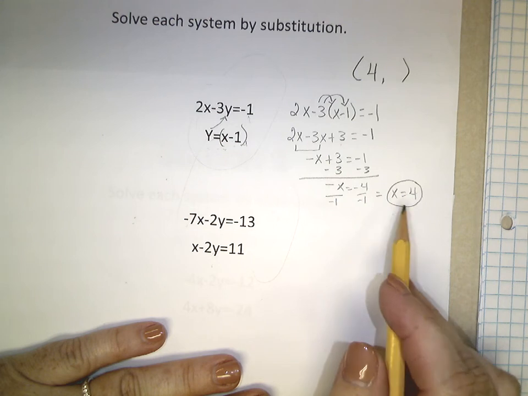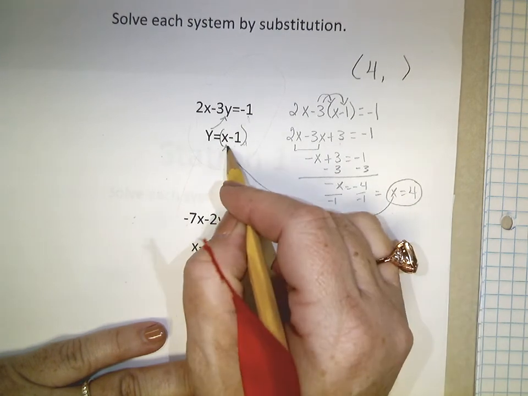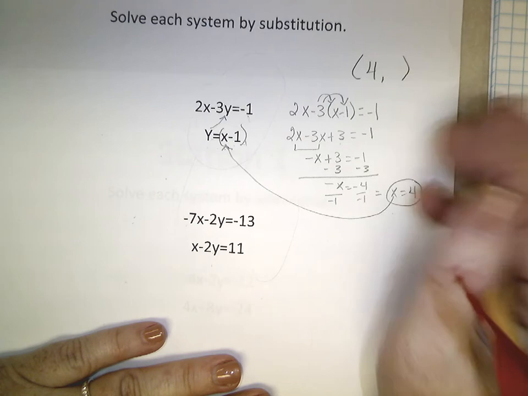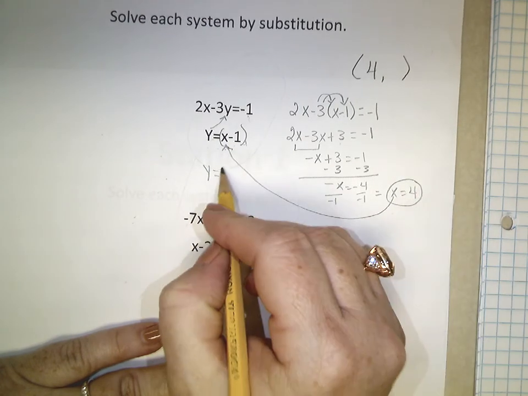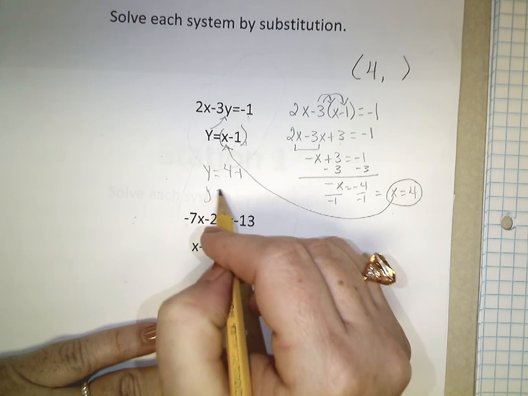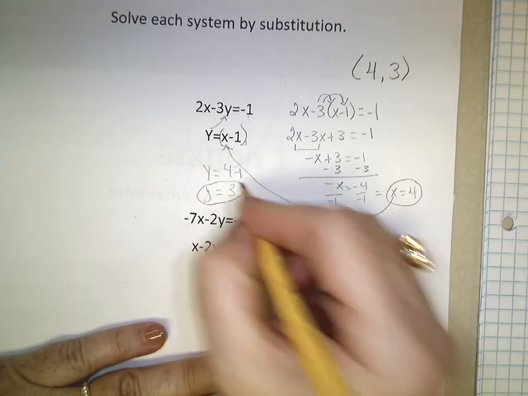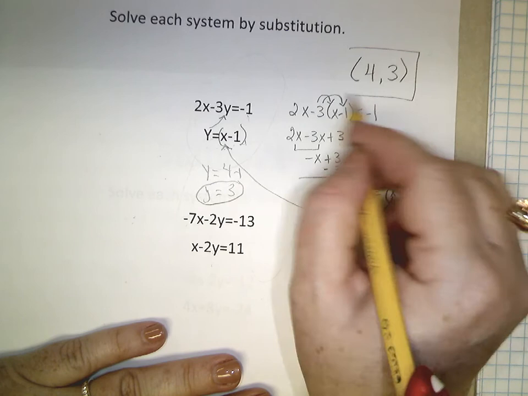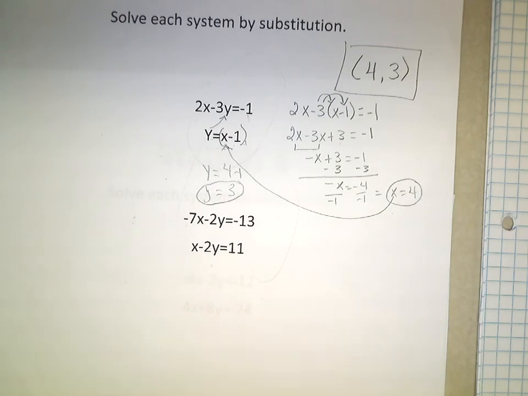Well, this happens to be pretty easy because now we just take this x value and plug it back into this equation right here, and we get y equals, look here, 4 minus 1, y equals 3. So our other value is 3. That is our final answer, 4, 3. That is the point of intersection.